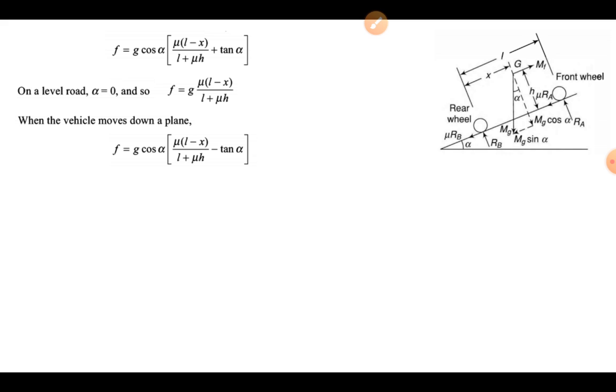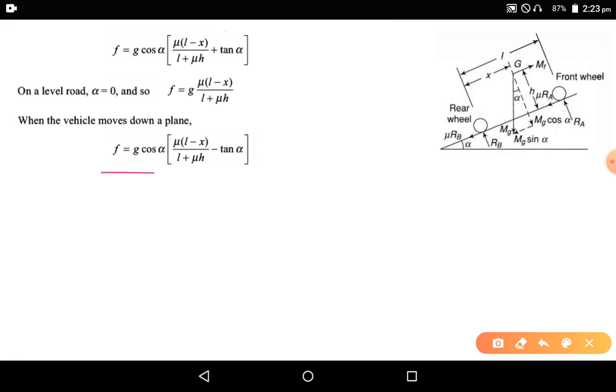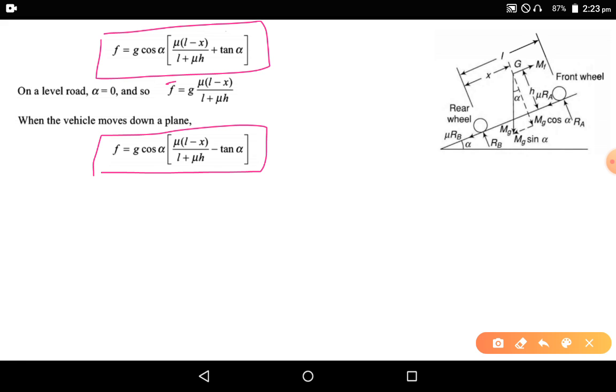So from the same procedure you will get the value of retardation for a downwards moving vehicle, like this expression. So these are three expressions of retardation. You need to remember these three, and this will be helpful in solving the examples.